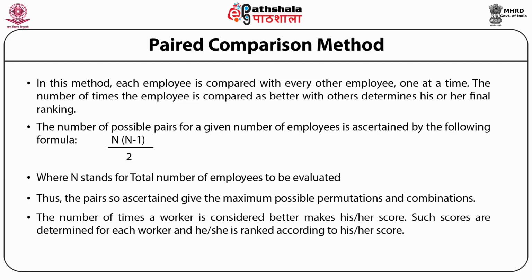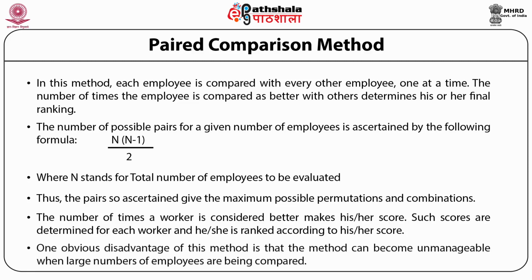Such scores are determined for each worker and he or she is ranked according to his or her score. One disadvantage of this method is that it can become unmanageable when a large number of employees are being compared, as when the number of employees is more, it is very difficult to compare one with another.